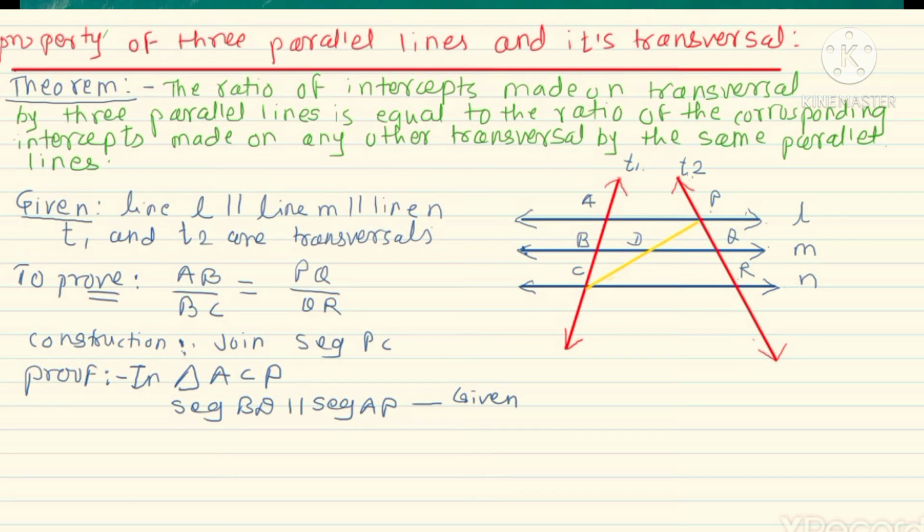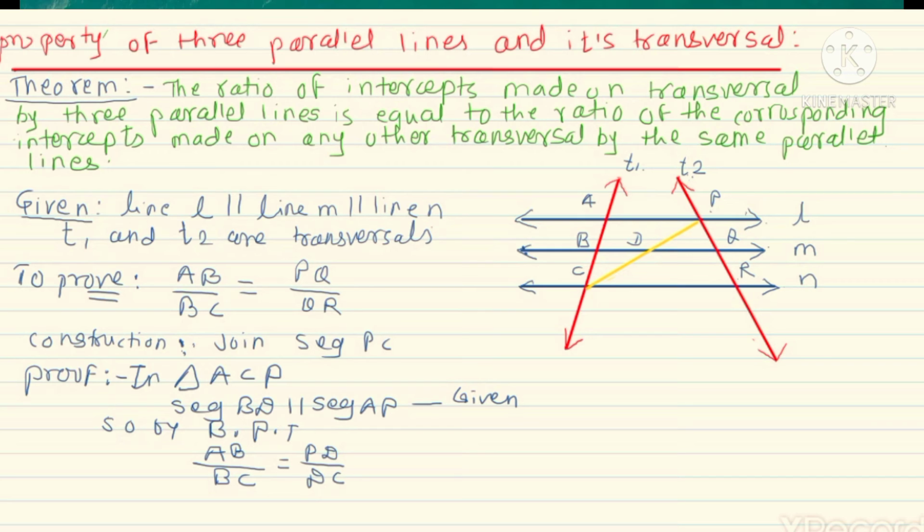We are given that line L is parallel to line M, and we know that if in a triangle a line is parallel to one side of the triangle, then by the basic proportionality theorem, so by BPT, you can write that AB upon BC is equal to PD upon DC.